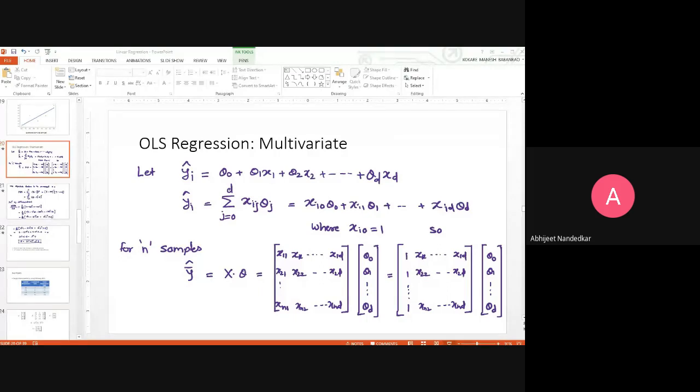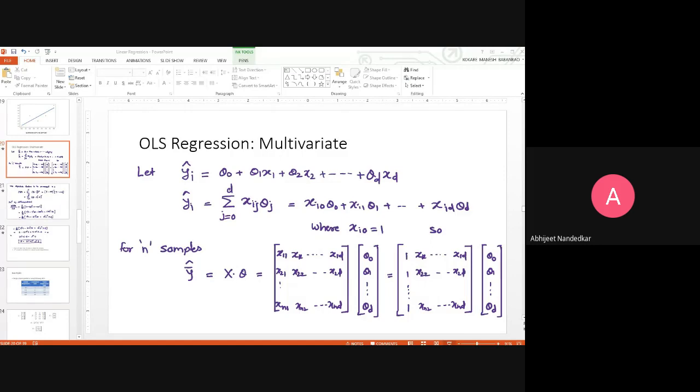If I do that, then this summation I can write as multiplication of two things: one is the matrix X and the other is theta, the parameter vector. So this is matrix X and this is vector theta. If you go inside this matrix X, you will see that the first column is always 1, so that xi0 equal to 1 is accommodated.